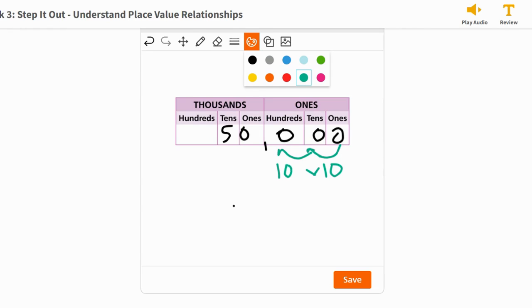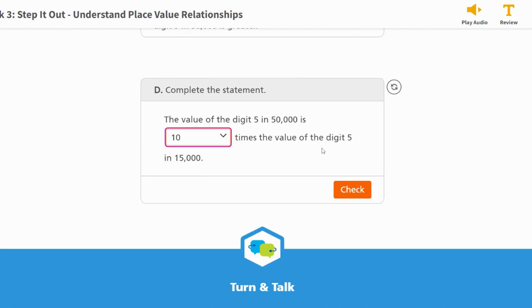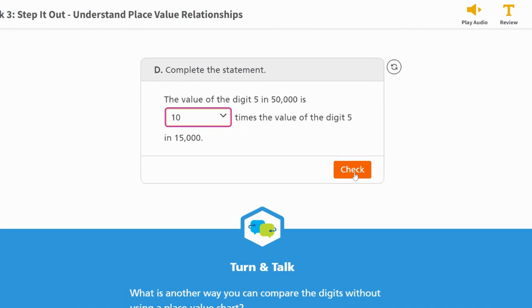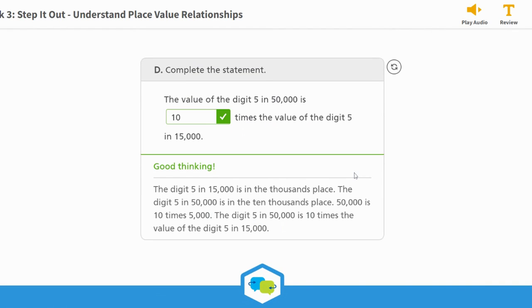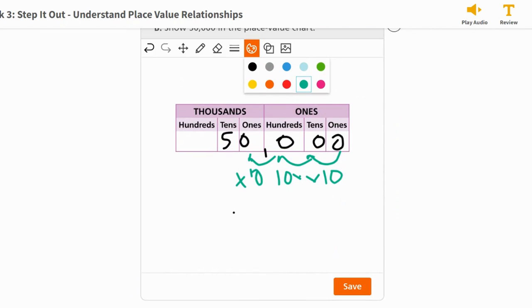So 100 is 10 times bigger than the tens, and so on and so forth. It's worth 10 times more. So the value of the digit in 50,000 is 10 times the value of the digit in 15,000. When you go from one place to the next, it gets 10 times bigger each place.